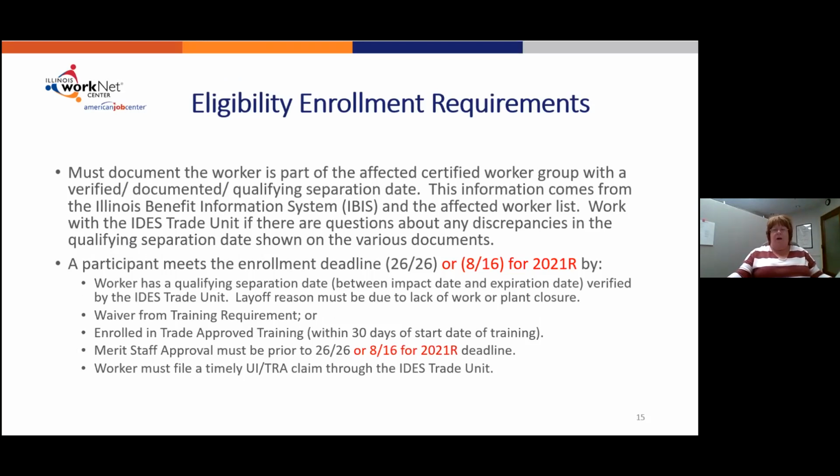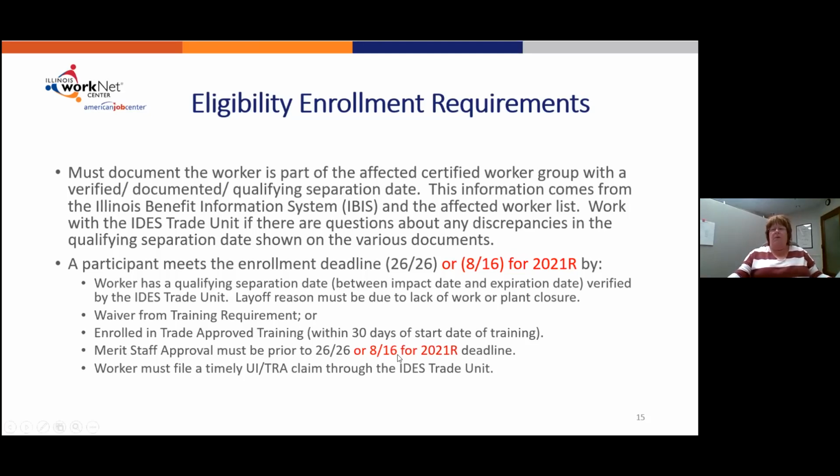You work with the IDS trade unit if there are questions about any discrepancies between that qualifying separation date that is showing up on various documents. You could have a layoff letter, you could have the worker list with dates, but work with the IDS trade unit because those dates need to be consistent everywhere that they are in IWDS or any other documents.